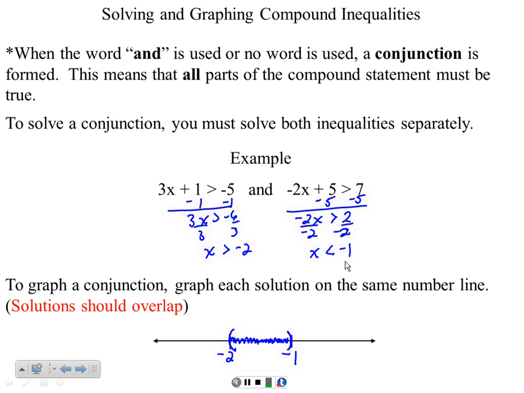And you can see that these two graphs overlap, and I know I did it right because I do have a conjunction graph. Now for interval notation, it's really simple because you're just recopying the graph. So for interval notation, you're going to have a parenthesis, negative 2, comma, negative 1, close parenthesis. So there's your solution for this compound inequality.